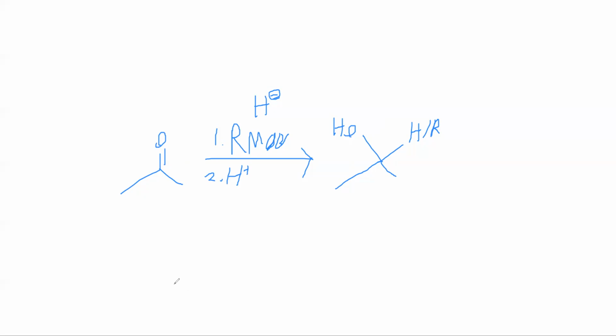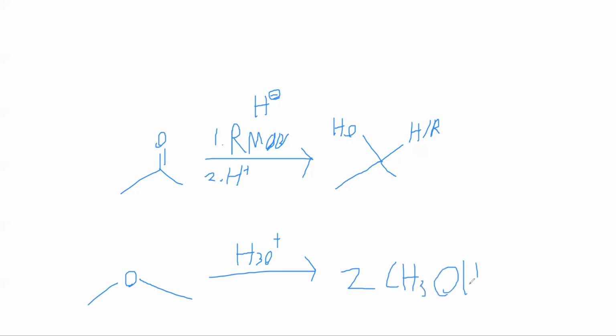And then one other way you can form alcohols is adding nucleophiles to epoxides or cleaving ethers, which I'm also going to be talking about later anyway. But if you have an ether and you add H3O+ to it, then you're going to end up with 2 alcohols here because you just cut the ether in half basically.